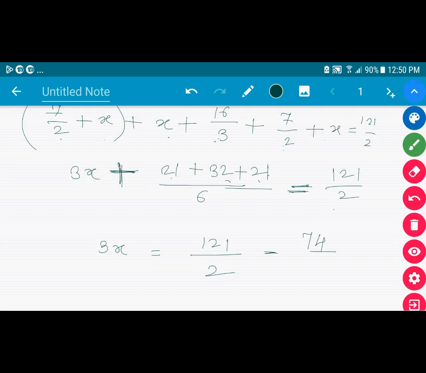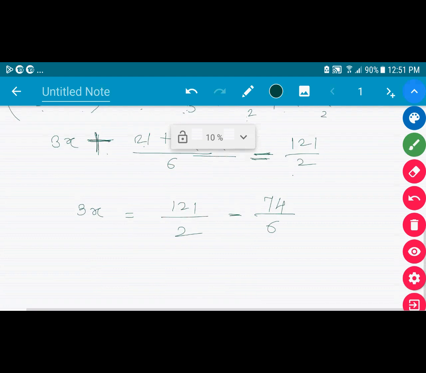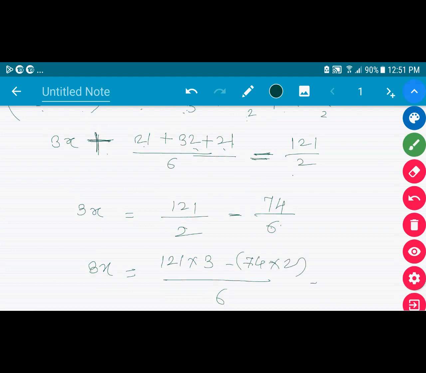So 74 upon 6 is subtracted from 121 upon 2, because it is added here. If we go to this side, then it will be subtracted from the number. So 3x is equal to, common factor is 6, 121 multiplied by 3 minus 74 multiplied by 2.